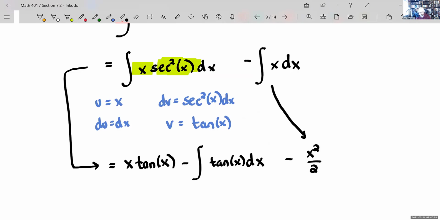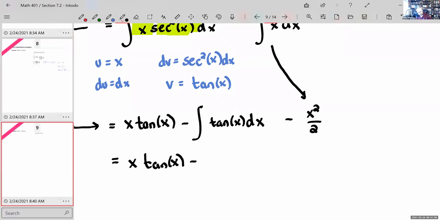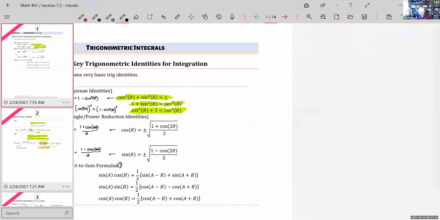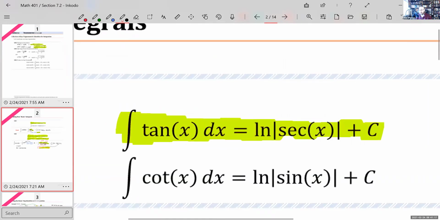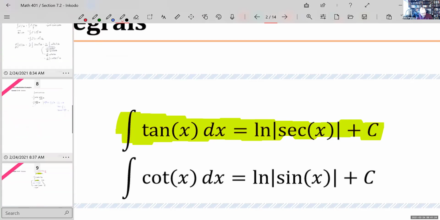Technically, there would be a plus c, but I'm not done with my integral, so we'll just leave it like this. And you should recognize our integral of tangent of x. Going back to page 2, just to remind you, it's the natural log absolute value of secant, or you're more than welcome just to do a u sub to arrive at that.